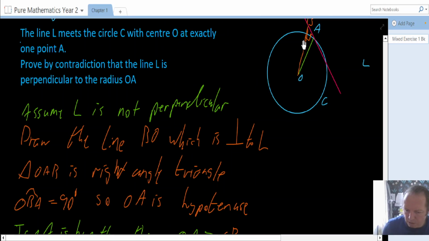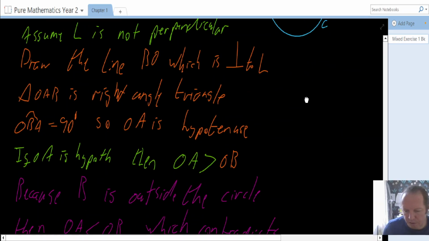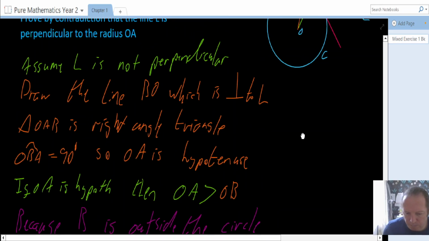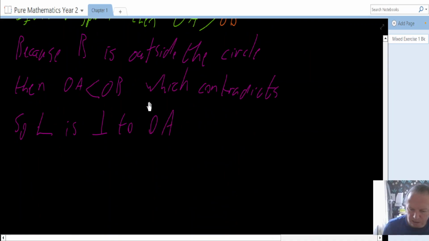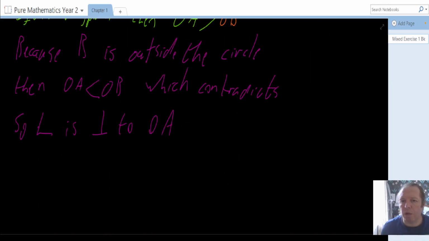OB needs to be the right angle. A very strange proof, not particularly amazing to do. Common sense is contradiction a lot of times, but always start with the assumption it is not whatever you want, and then find something that is wrong and go from there. Okay, right, that will do. Next chapter.